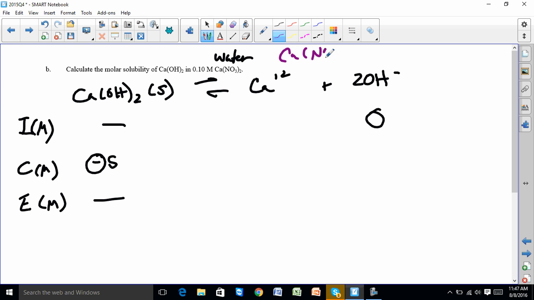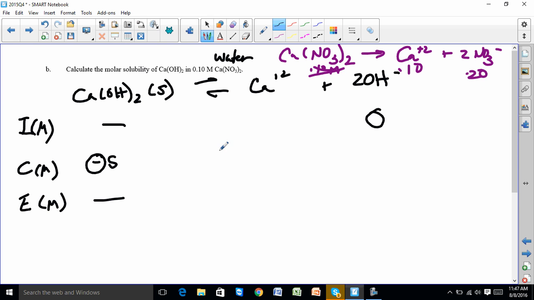Calcium nitrate totally not equilibrium, it dissolves into calcium and nitrate. If this starts out 0.1 molar, at the end, this is 0.1 molar because of the 1-to-1 mole ratio. And then this would be 0.2 molar, but we don't really care about that.